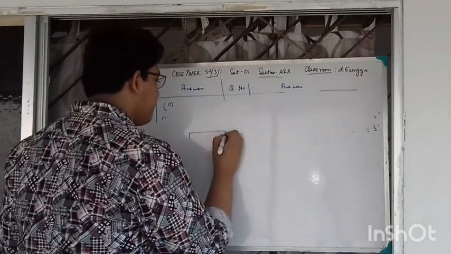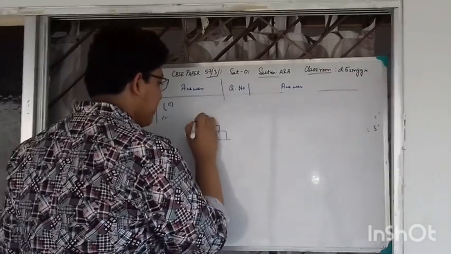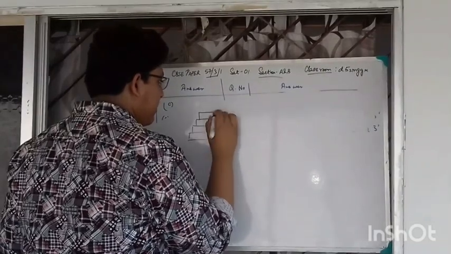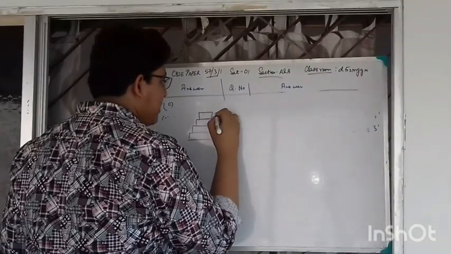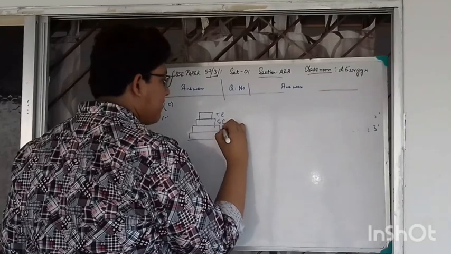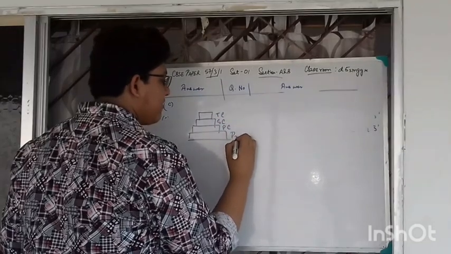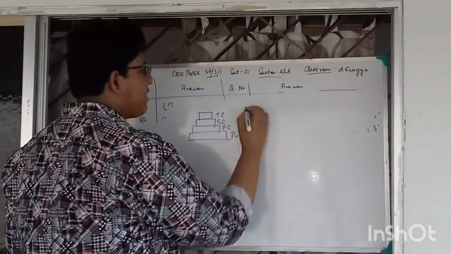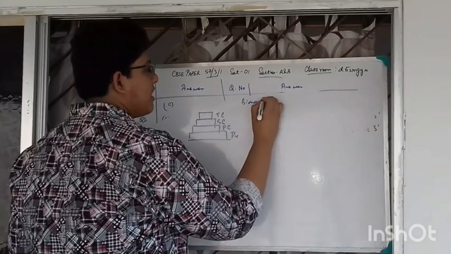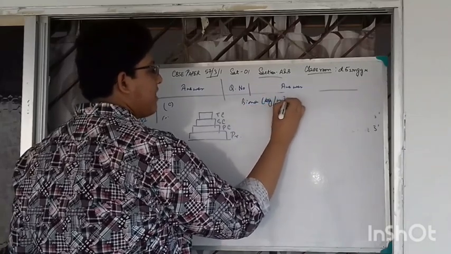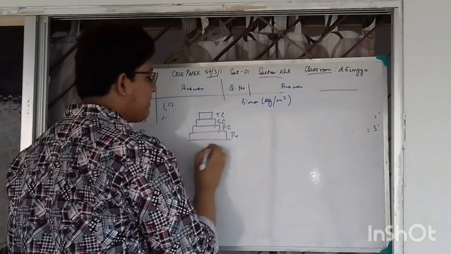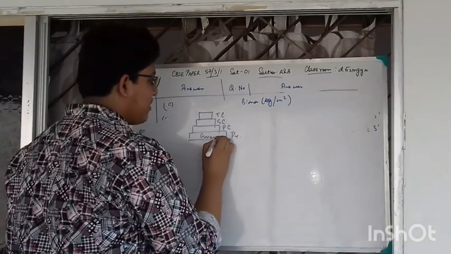So the pyramid will go on like this: tertiary consumer, secondary consumer, primary consumer and producer. Okay, the biomass is in kg per meter square. For example, producers are grass.